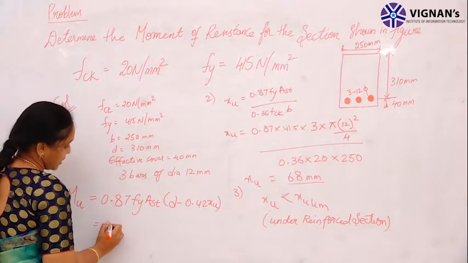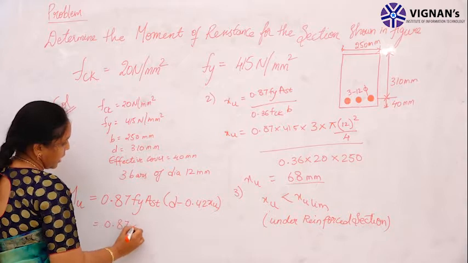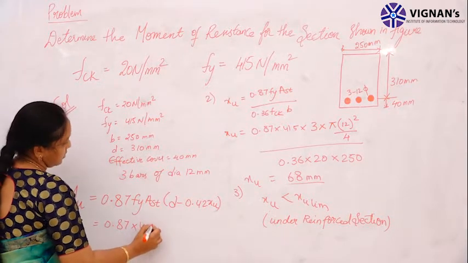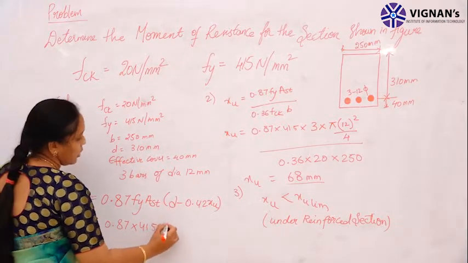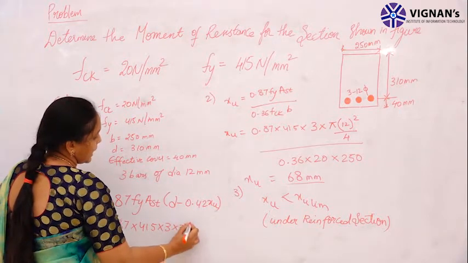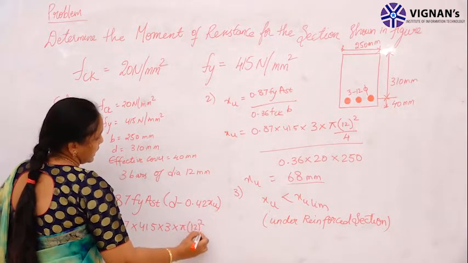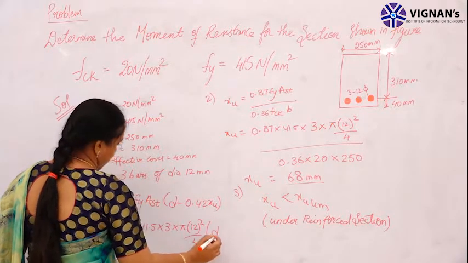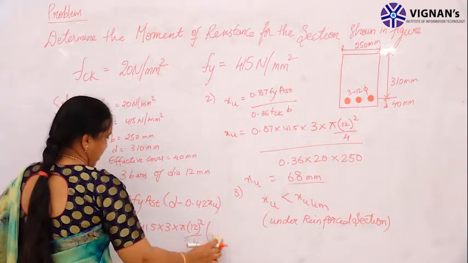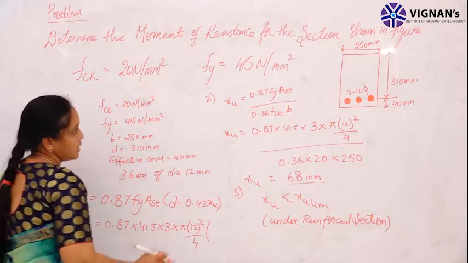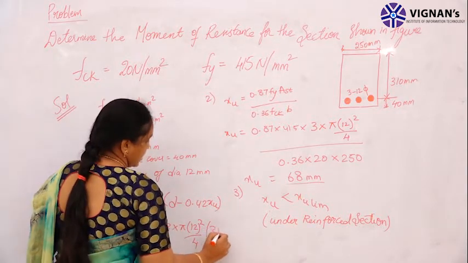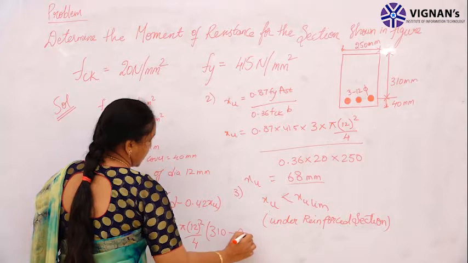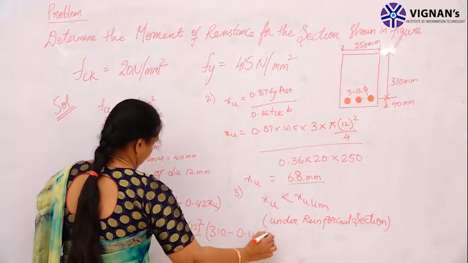So, the moment of resistance will be 0.87 into fy, which is 415, and the area of steel is 3 into pi d square by 4, where d here is 12, into d. The value of d is already given. What is the value of d given here? 310 minus 0.42 into xu.